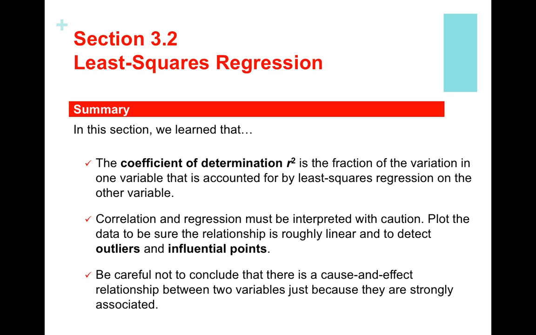You should recognize that as the fraction of variation or percent of variation or proportion of variation. Anytime you see that, that should be a red flag that you're looking for R squared. So you should be able to find R squared from computer output, from your calculator. You should also be able to find R squared if R is provided just by squaring the value of R.